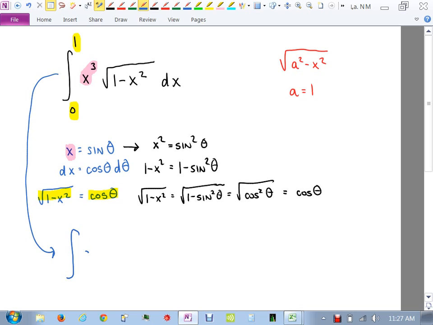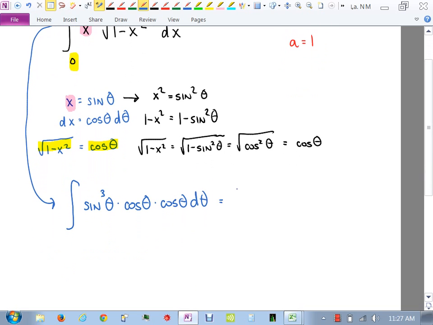Y'all follow that? Times, what's the square root of all that junk? Cosine theta. Times, what's dx? And don't forget the dx, all right? Cosine theta d theta, which turns into integral sine cubed theta cosine squared theta d theta.